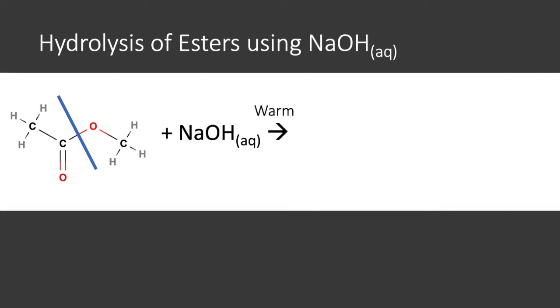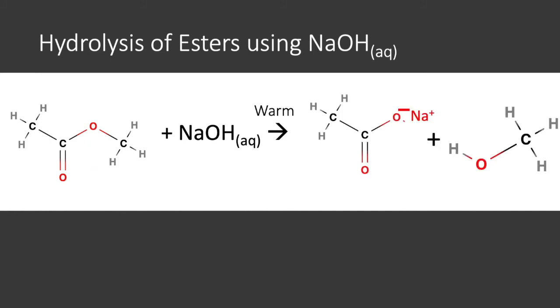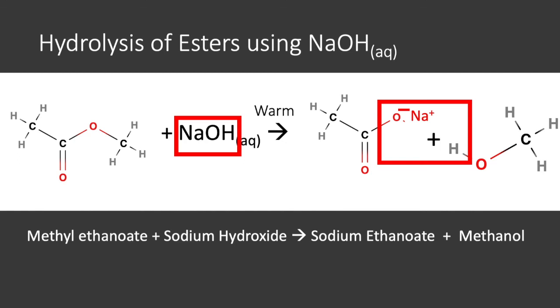If we use sodium hydroxide, we add NaOH. And that's a really important distinction to make. A lot of people get that wrong in the exam, and we just warm that up and it's not in equilibrium. We break the same bond, but rather than producing the acid, we produce the sodium salt of the acid, and we still produce the alcohol.